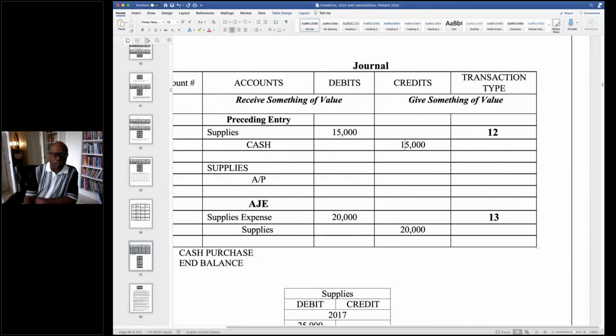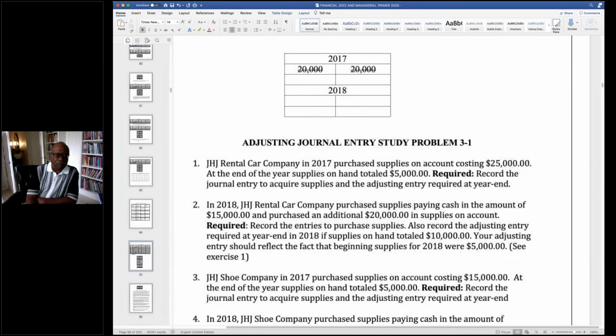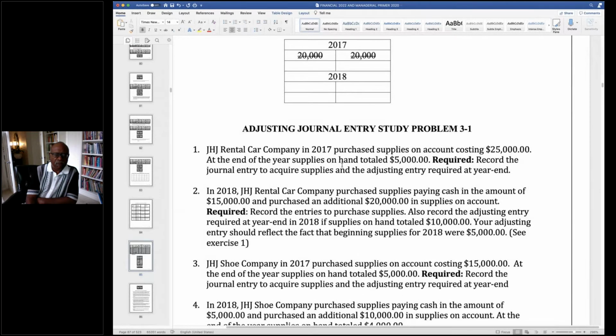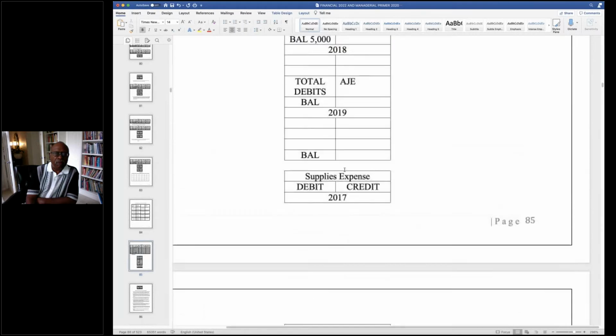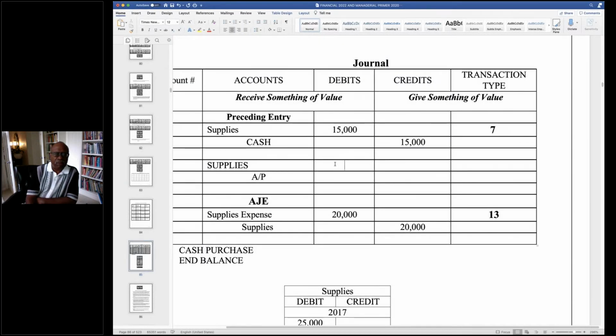So now we have a purchase of 15,000. What else is going to happen? Didn't you have another purchase? Yes, it says you will purchase an additional $20,000 in supplies on account. So it's going to be supplies and accounts payable at 20,000.